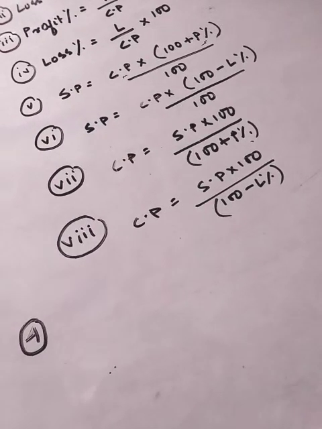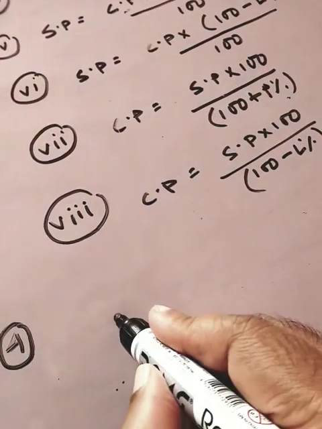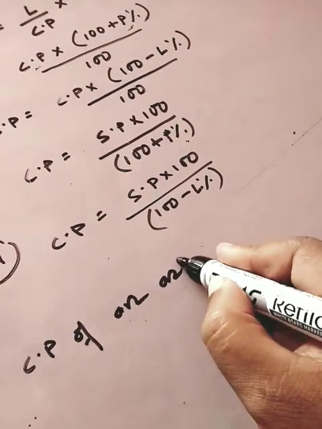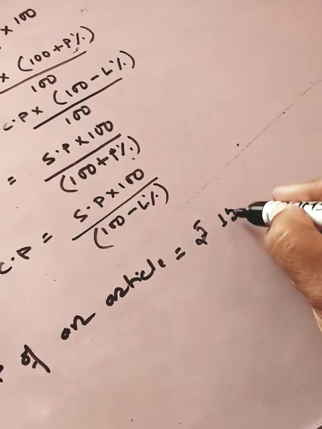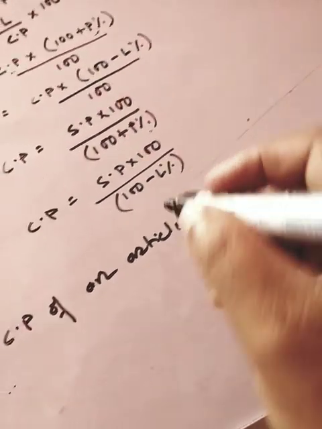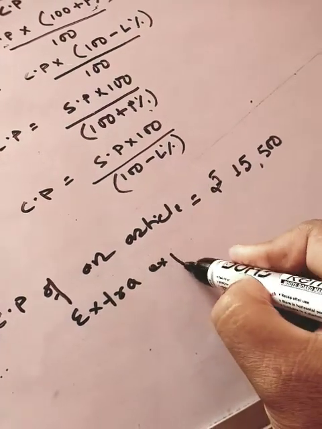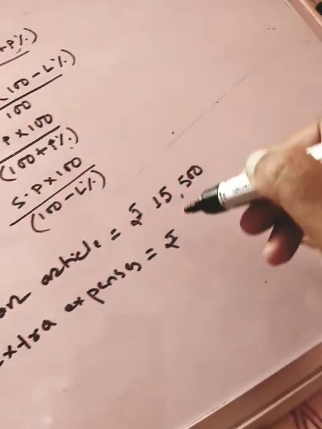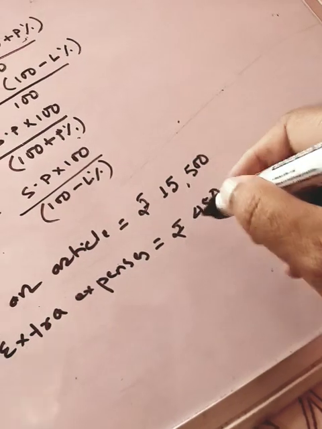According to question number 4, the cost price of an article is given as rupees 15,500. Some extra expenses have been incurred. What are the extra expenses? 450 rupees, for the repairs.